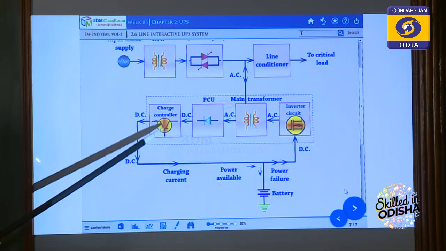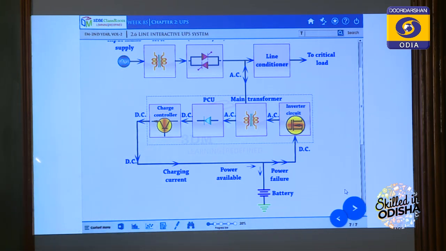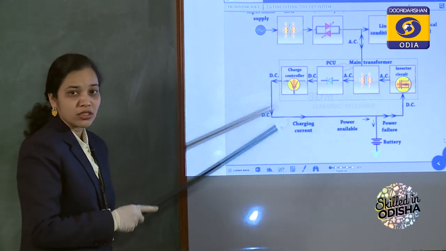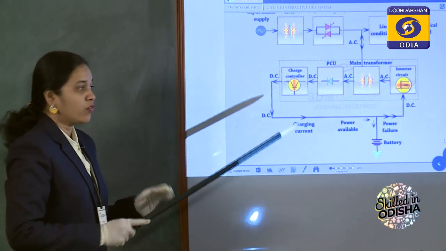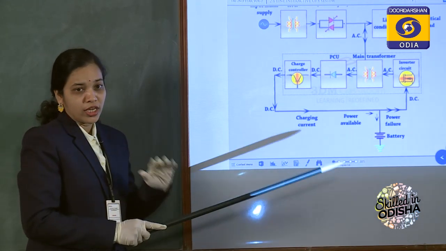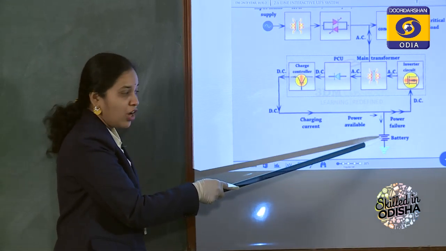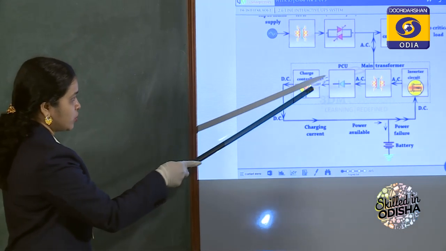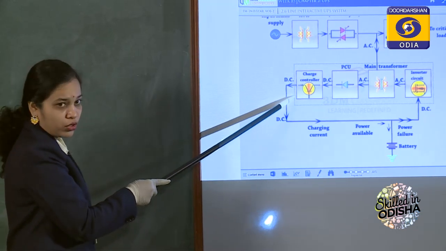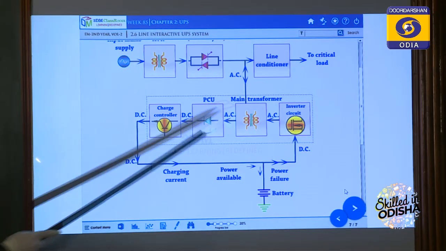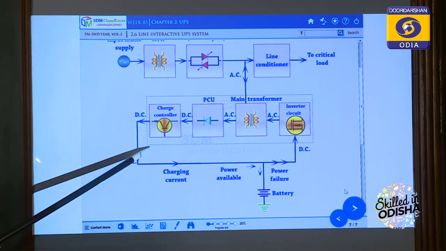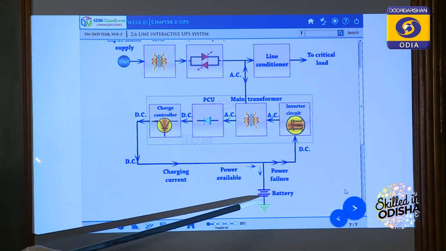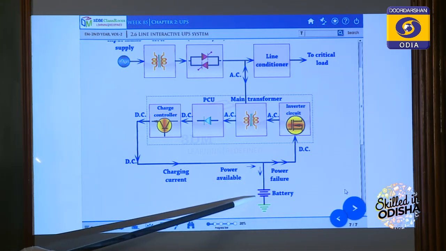The charge control circuit is a voltage controlling or voltage regulating circuit by which we can regulate the output voltage, that voltage we have to store in the battery, or the charging voltage of the battery, we can control by using the PCU and charge controller. So some amount of AC, with the help of these circuits, is converted here into DC, and that DC is stored here in the battery.